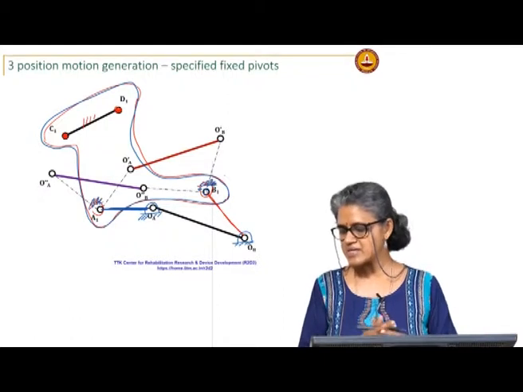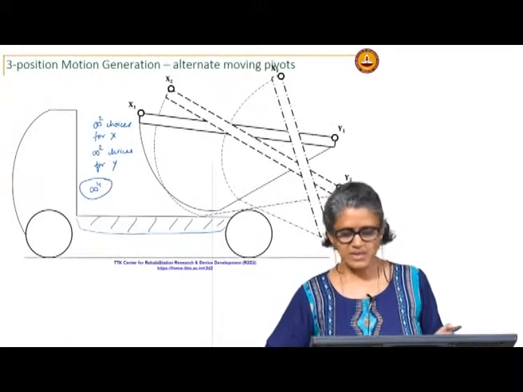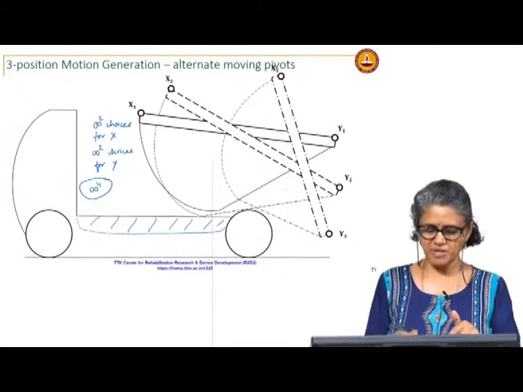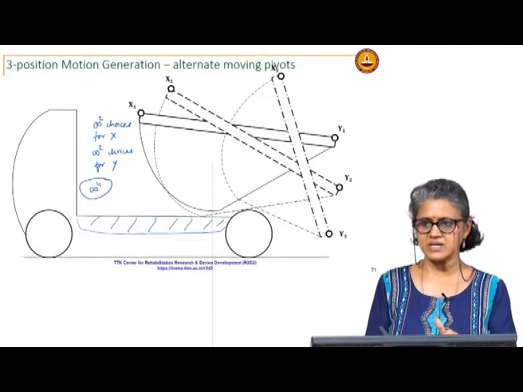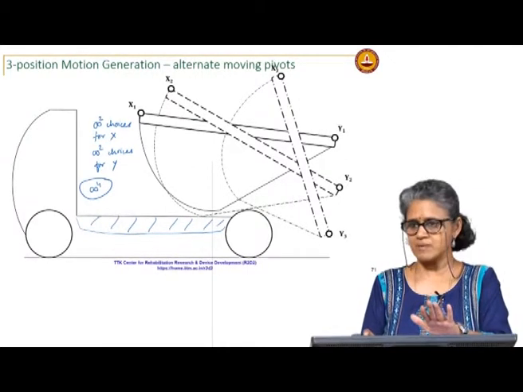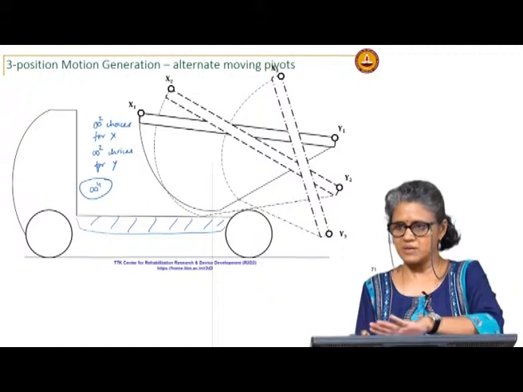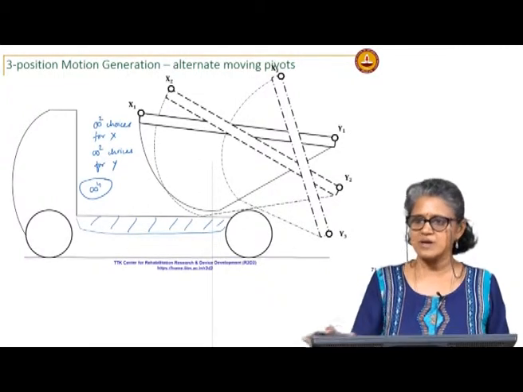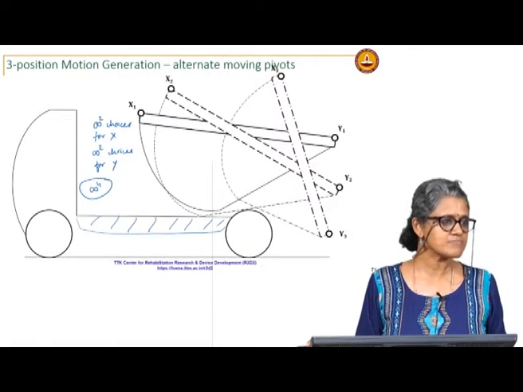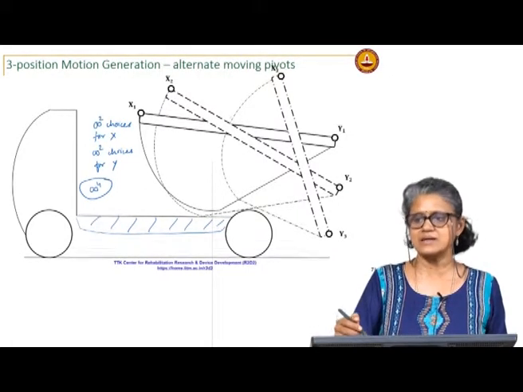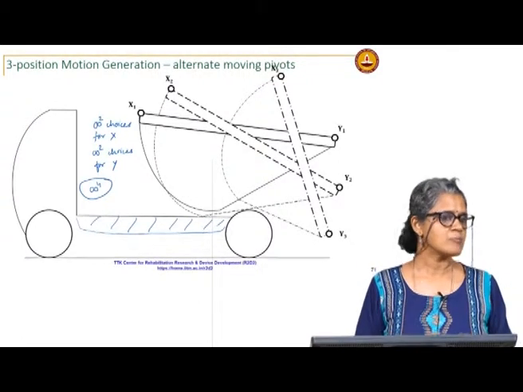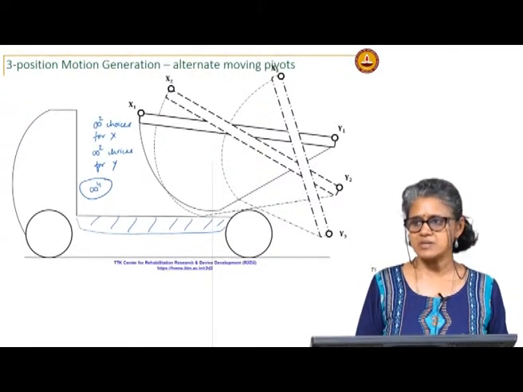But like in the case of the bin, it is very likely that if I locate fixed pivots here, I may find something somewhere on the bin that would be suitable for my moving pivots, because I have a larger area to work with. Or even if I have to extend it, you know, if there is no other obstruction, then I have more flexibility to come up with the mechanism.